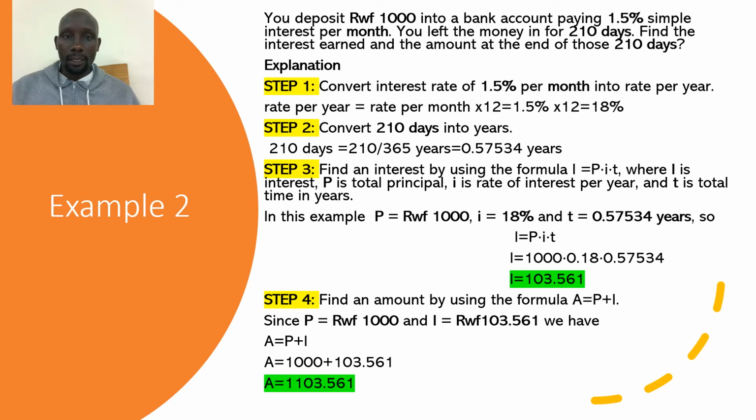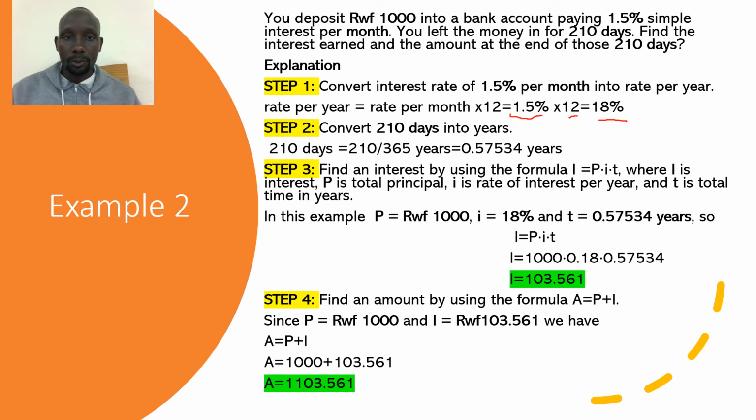So we have to convert the interest rate of 1.5% per month into the rate per year. So we shall take the rate per month times 12, which is 1.5% times 12, which will give us 18%.